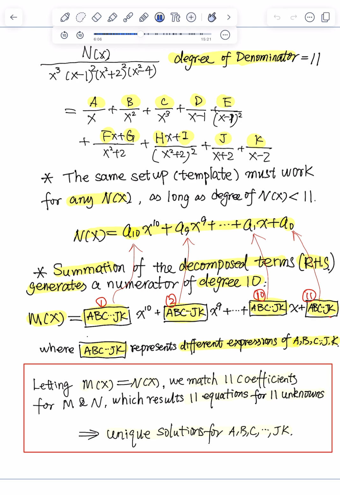How it works is that we are going to let m of x equal n of x. That is, we are matching 11 coefficients for them. We will have 11 equations for 11 unknowns. That is 11 parameters. That means we are going to have a unique solution for those parameters we set up.